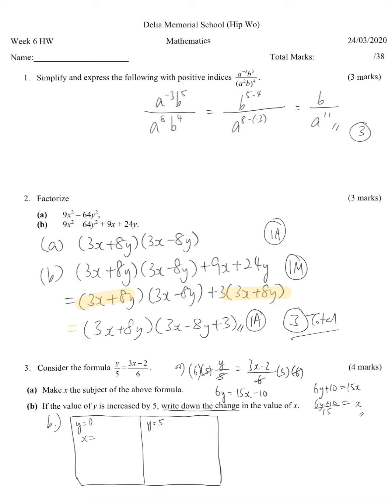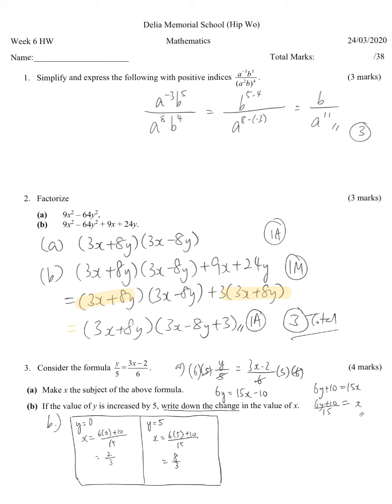So when it was 0, 6 times 0 is 0, so plus 10 over 15 gives you 2 over 3. And then when you use it as a 5, then 6 times 5 plus 10 over 15, so that is 40 over 15, and you simplify it, it becomes 8 over 3.